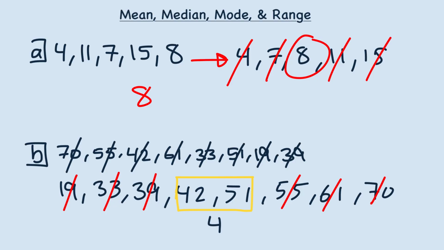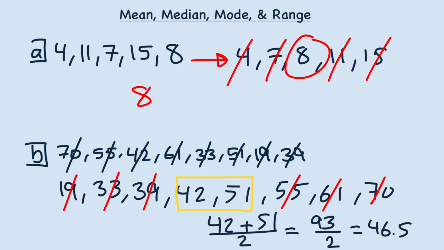So we have to take 42 plus 51 divided by 2, which equals 93 divided by 2, which equals 46.5.